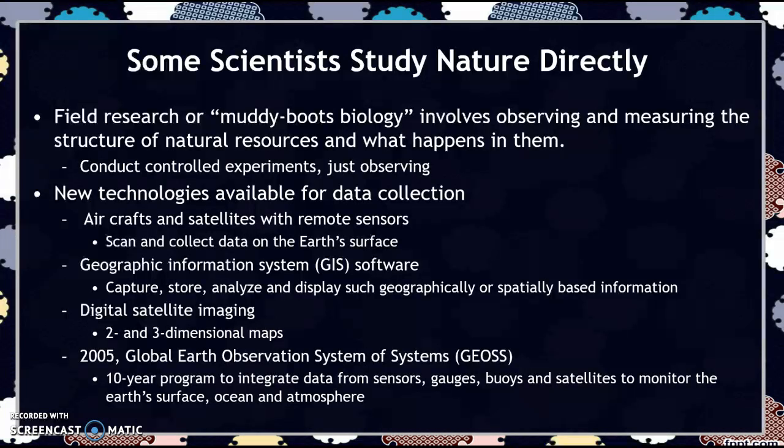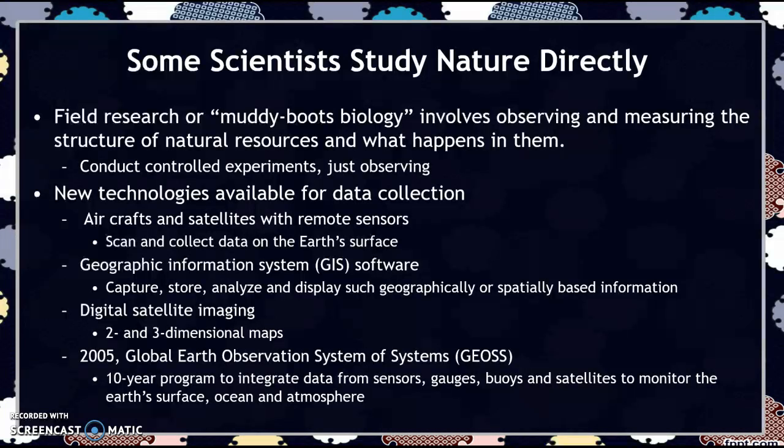To aid scientists in their field research, there's a lot of new technologies that are coming out that help them with their data collection. So recently we've started using aircrafts and satellites with remote sensors that help scientists to scan and collect data on the Earth's surface. GIS, or Geographic Information System software, helps to capture, store, analyze, and display geographic or spatial data.